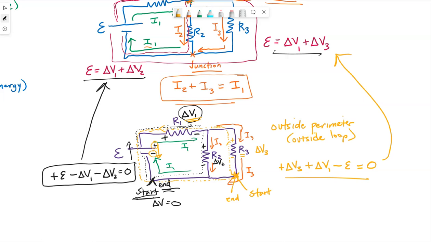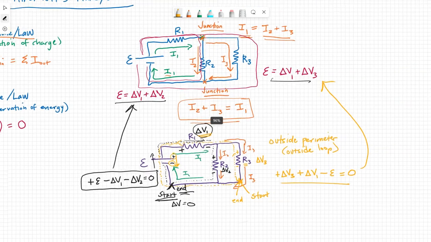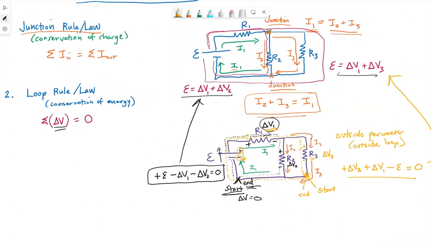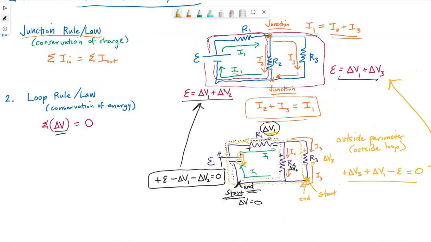The loop rule, we are looking specifically at potential differences. So the biggest part of the loop rule is to make sure we start and end at the same point, because that's how we get the delta V equals 0.